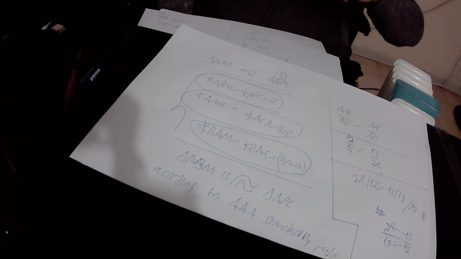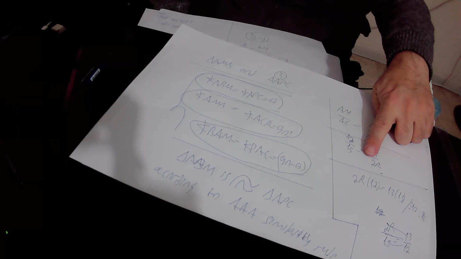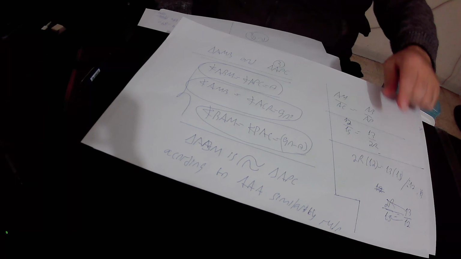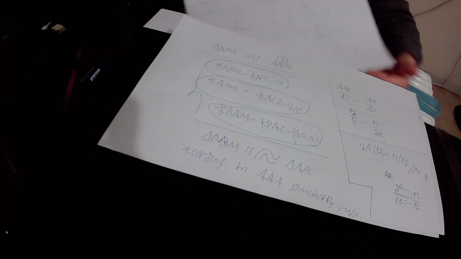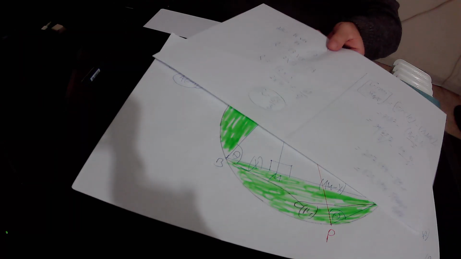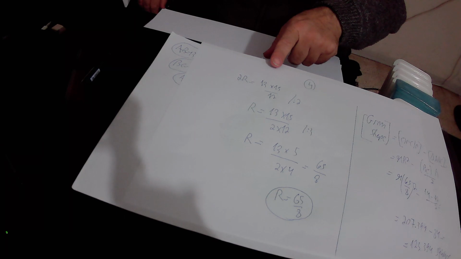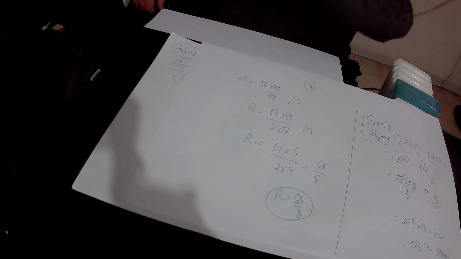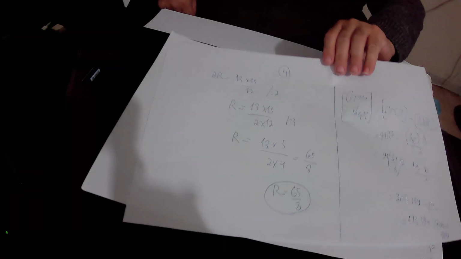So here, of course, we cross-multiply this equation and find that 2 times R times 12 equals 13 times 15. Then we divide this equation by 12 and find that 2R equals 13 times 15 over 12. The next step, we divide this equation by 2 and finally find that capital R, the radius of this circle, equals 13 times 15 over 2 times 12.